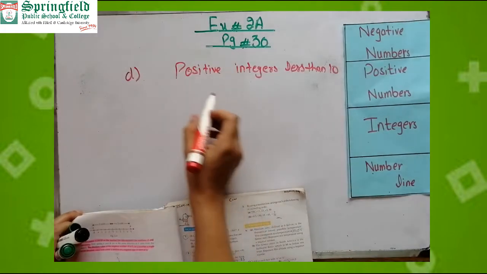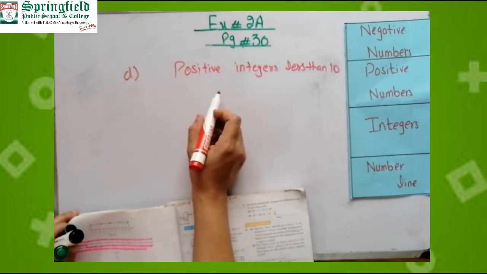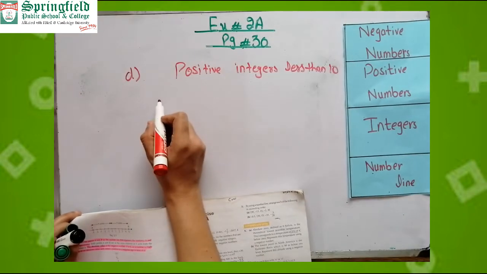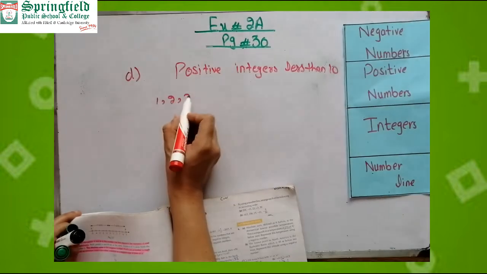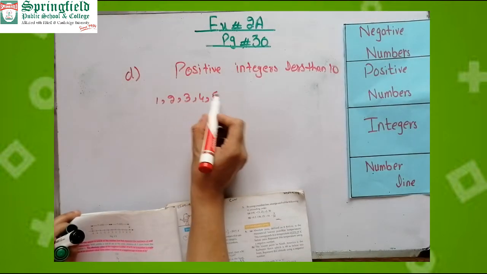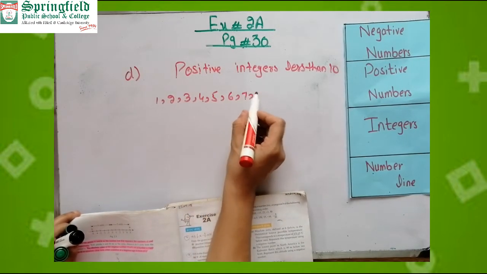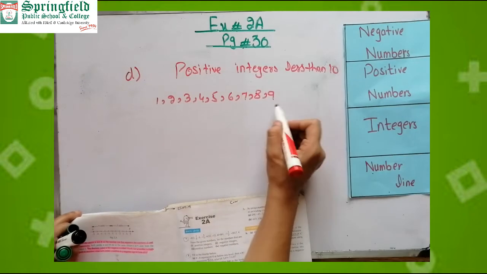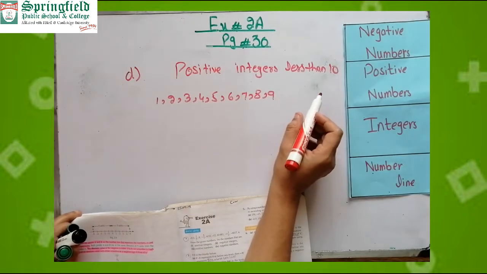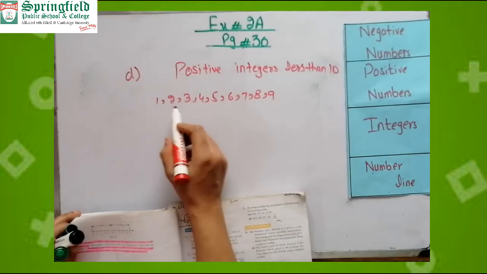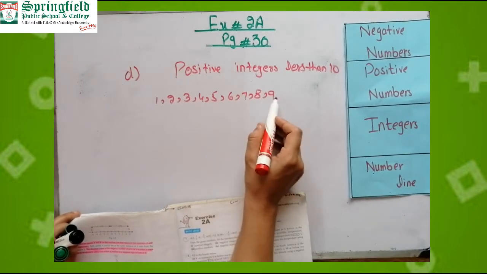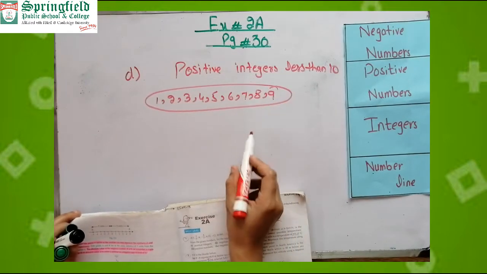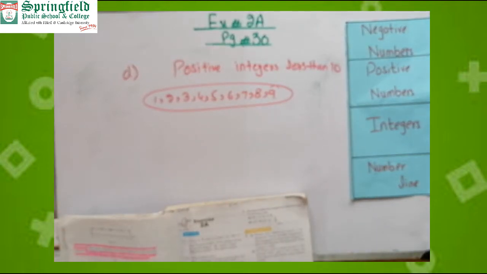All the numbers less than 10, so 1, 2, 3, 4, 5, 6, 7, 8 and 9. Less than 10 means 10 is not included. Okay. These are the numbers, and we can represent them on the number line.